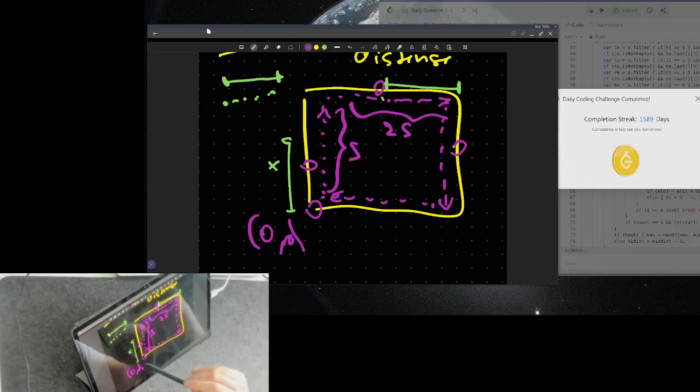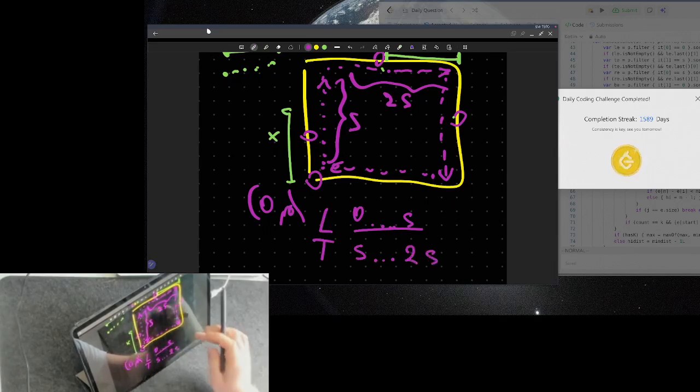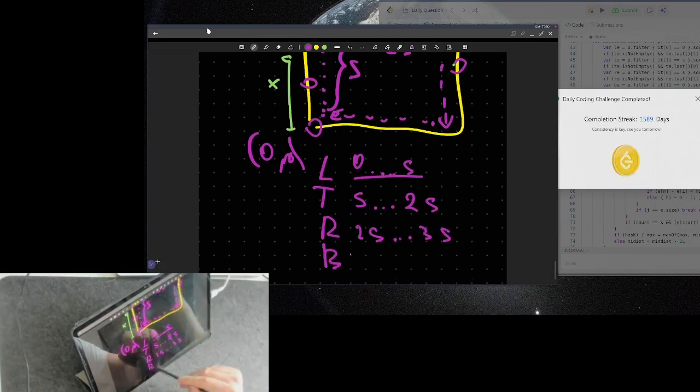If you go on the left side, your distance is from 0 to S, where S is the side. If you're on the top, your distance is from S up to 2S, and similarly for the right, 2S up to 3S, and for the bottom, 3S up to 4S.